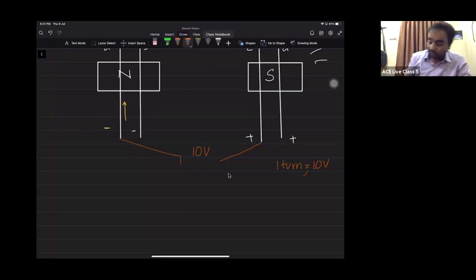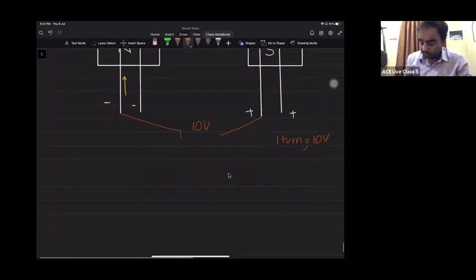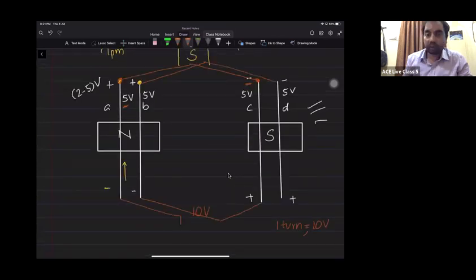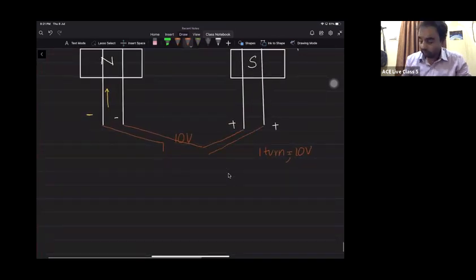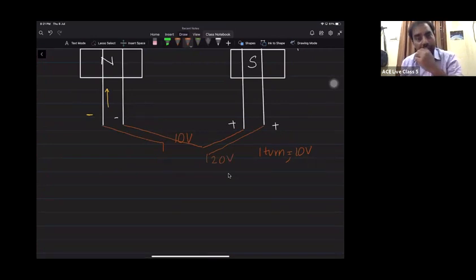Right. Now I'll continue this and I'll go for the second turn like this. Then what is the voltage I'll get here? 20 volts. So this I call a coil.